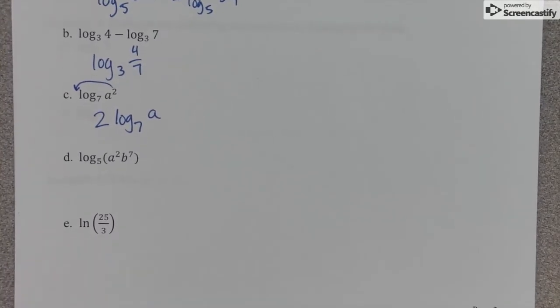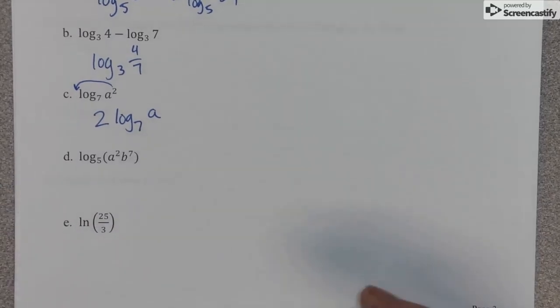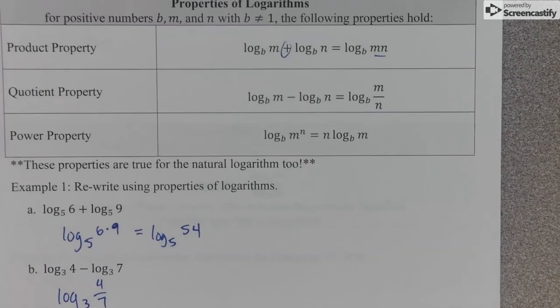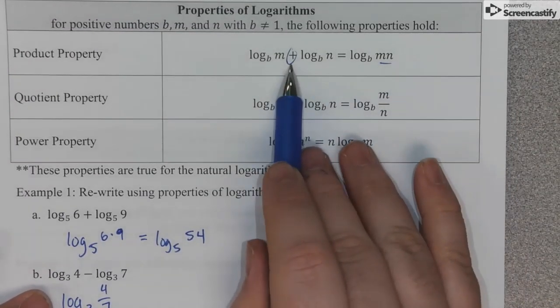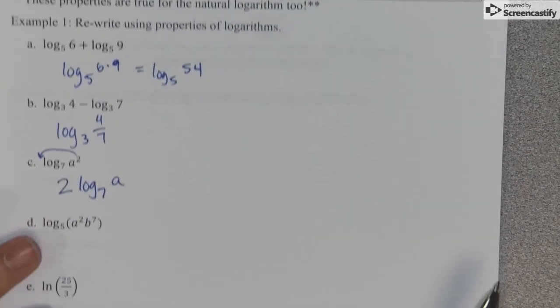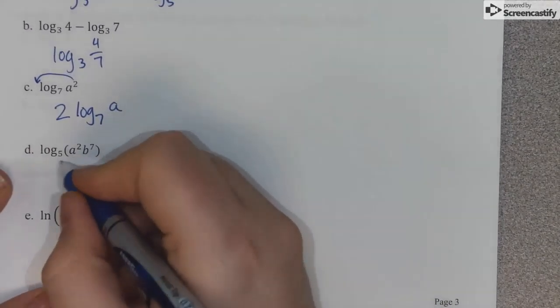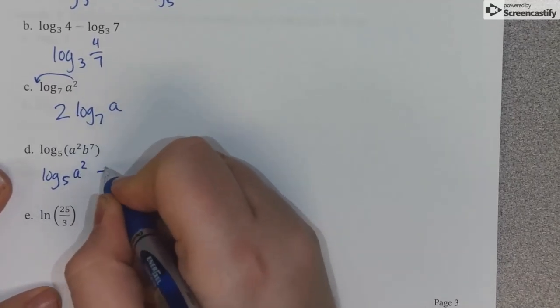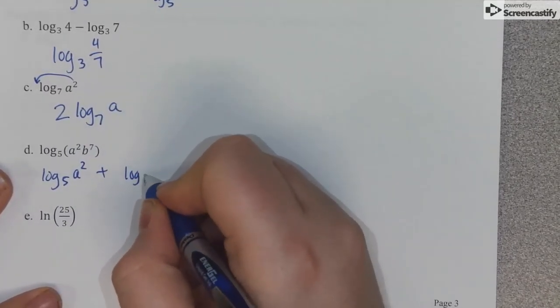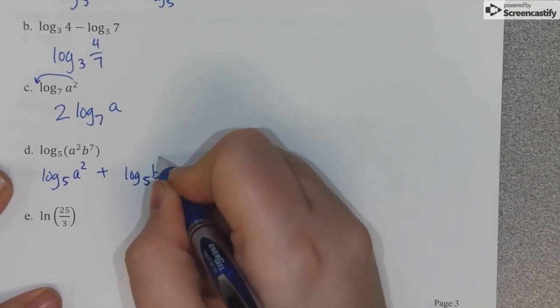Part D, log base 5 of a squared b to the 7th. Remember, if you have two letters written next to each other, it implies multiplication. So to undo the multiplication, we go back to the product property. So I can undo multiplication using this addition here. So to undo this multiplication inside the log base 5, this would be log base 5 of a squared plus log base 5 of b to the 7th.